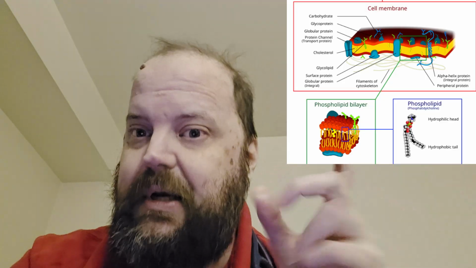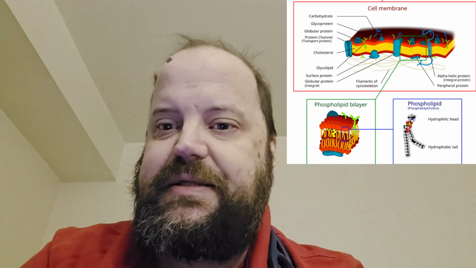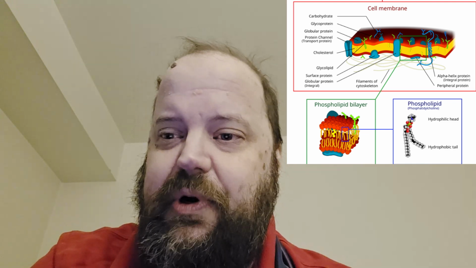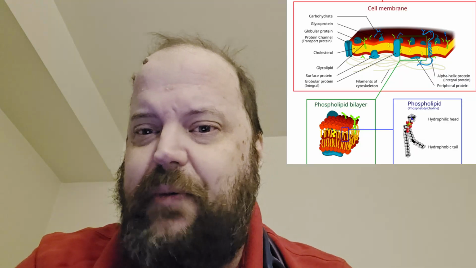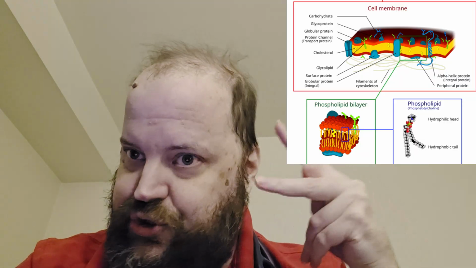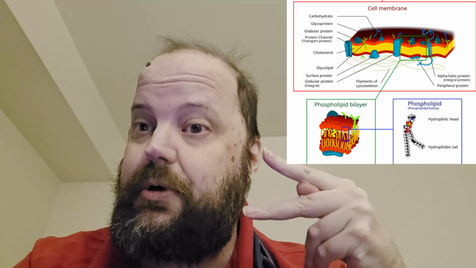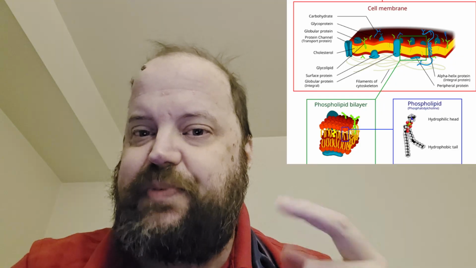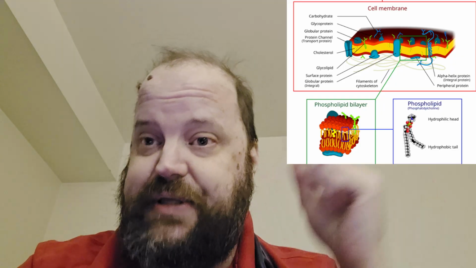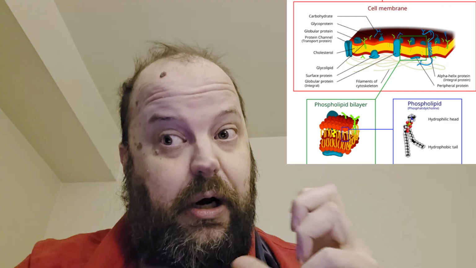So surrounding the cell on the outside is the cell membrane. The cell membrane is probably one of the most complex structures outside the nucleus. The cell membrane is bilipid, meaning it's two layers of fats, lipids, simple fats, that maintains a balance between the environment outside the cell and inside the cell.